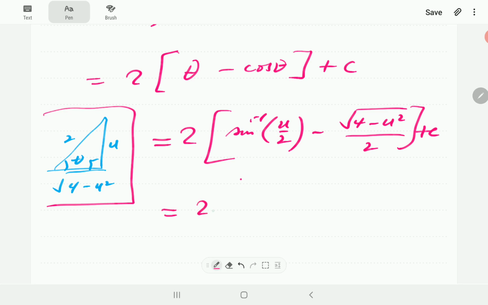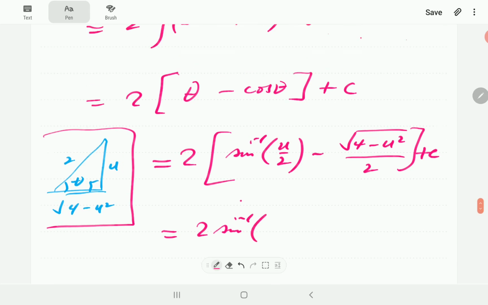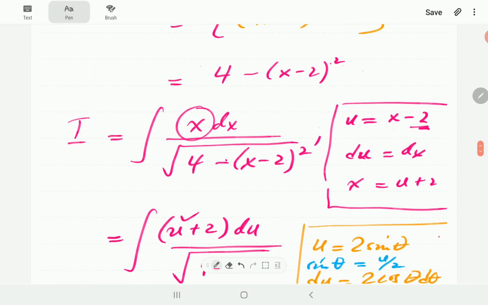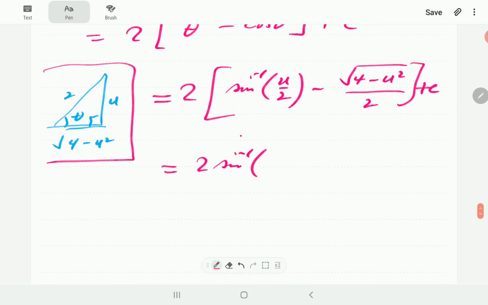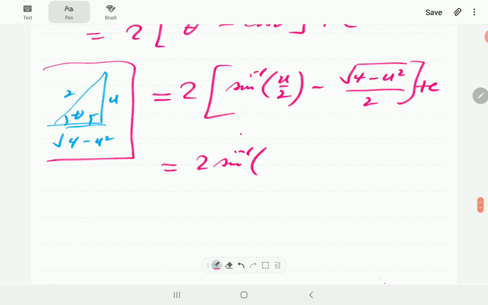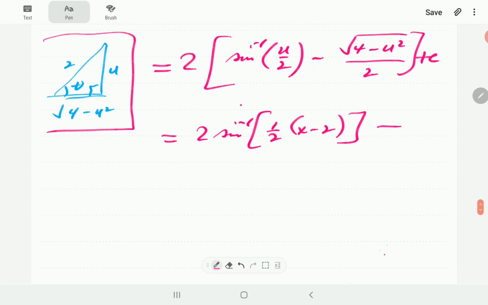Then this is going to be 2 times inverse sine of, u in terms of x is x minus 2, so we're going to have 1/2 into x minus 2. Then take away this 2, and this 2 is going to cancel out.